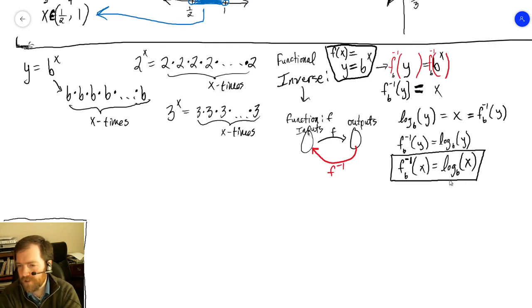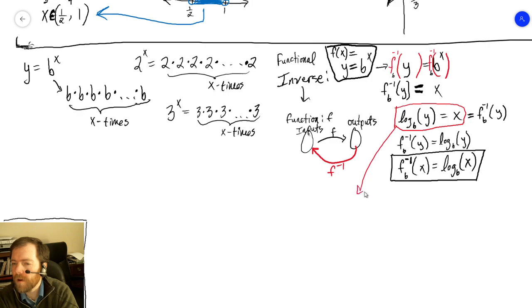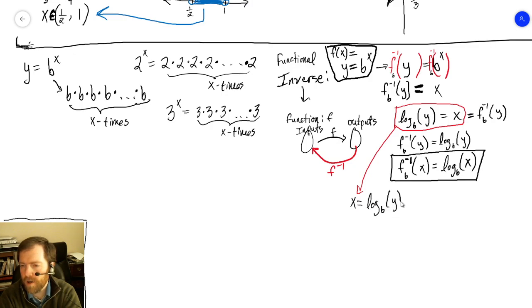So if I read this going across, x equals log base b of y.